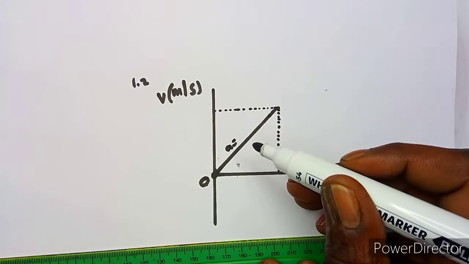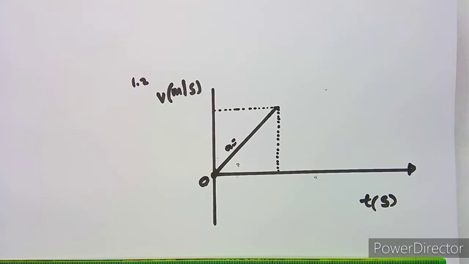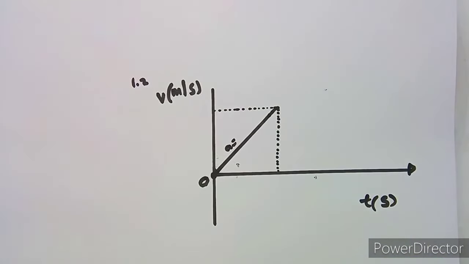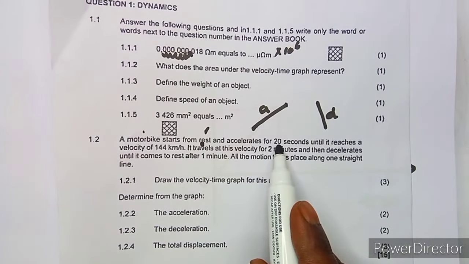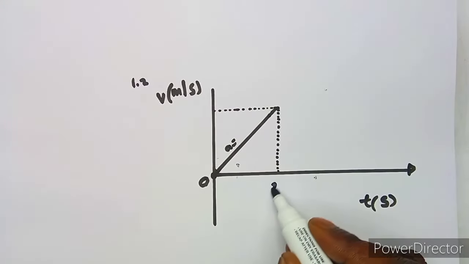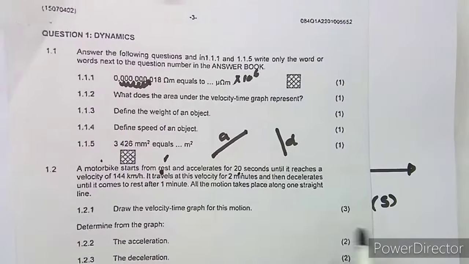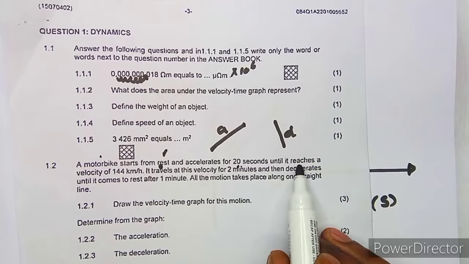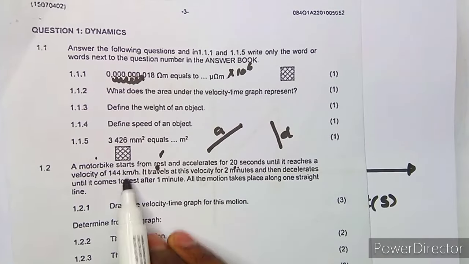We are given the time, 20 seconds. So this is our time here, which is 20 seconds. We are also given that it reaches a velocity of 144, which is the final velocity.